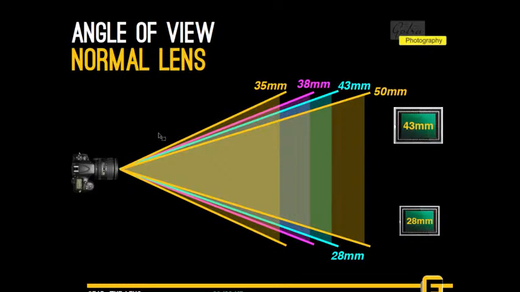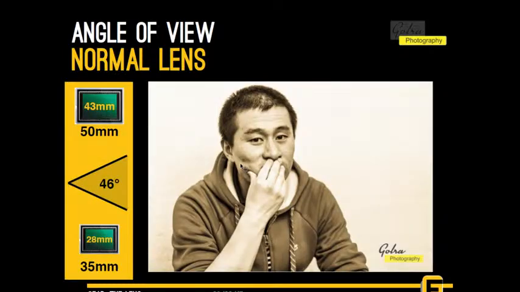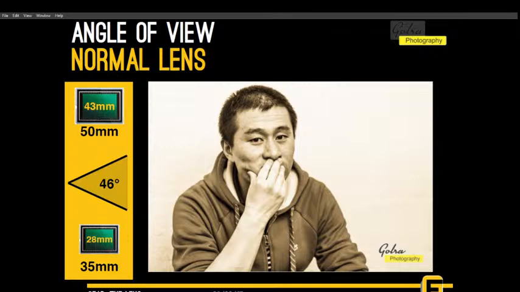A telephoto lens gives a narrower field of view. So let's see in detail. This photograph is taken at 43 mm, 35 mm field of view. Let me show you here how you can check and fix the field of view.